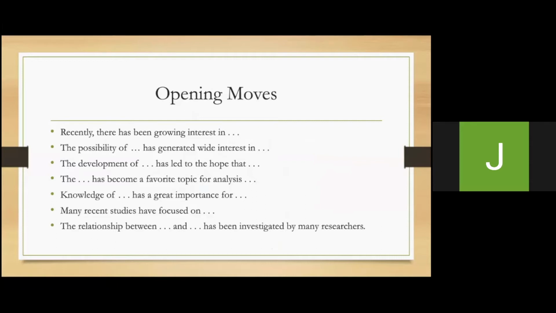So recently, there's been growing interest in Kazakhstan, or the development of the oil pipeline has led to the hope that blah, blah, blah. Many recent studies have focused on Kyrgyzstan and so forth. So you're basically just establishing a research trend in your area. You're showing what is the status of current research in your field of interest.